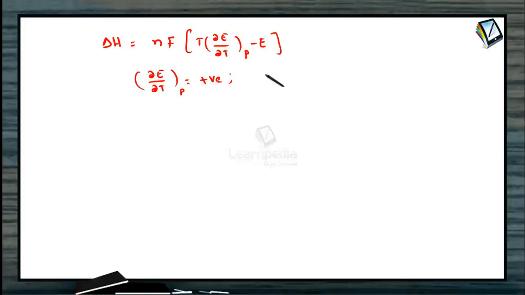Under that condition, we get nFE is greater than minus ΔH. That is, the additional energy will come from either the surroundings or the temperature of the cell will fall, because this is greater than minus ΔH. When the temperature of the cell falls, it means the system is endothermic.